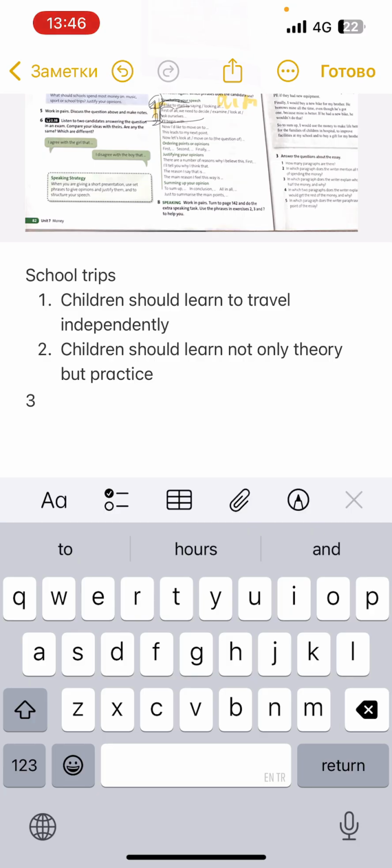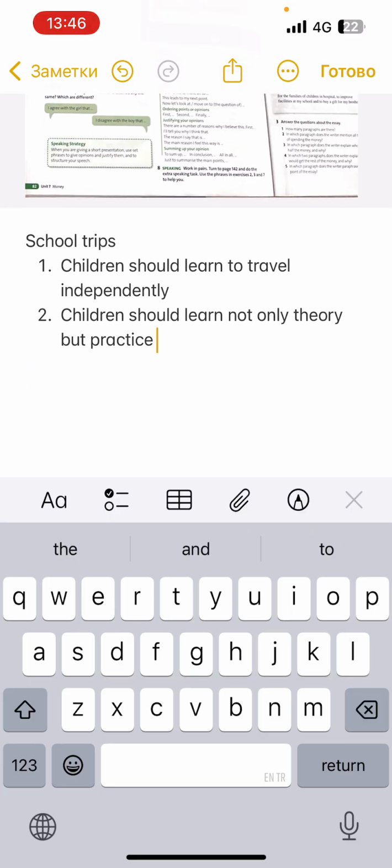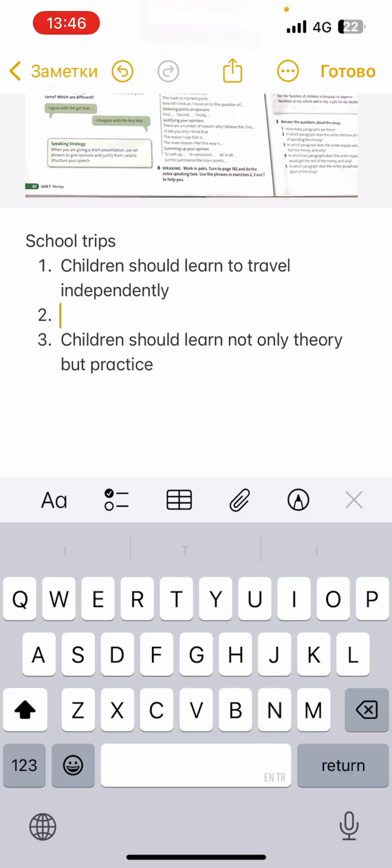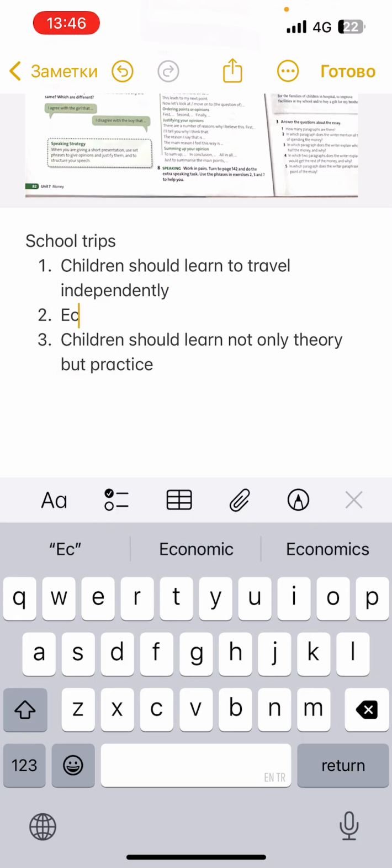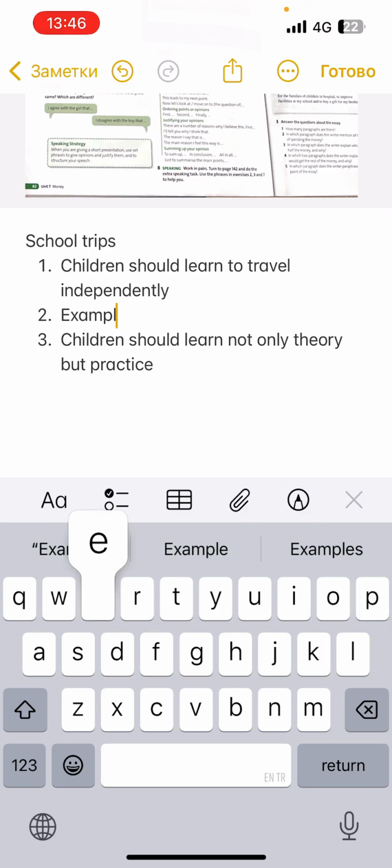Okay. Third, two reasons I think is enough, and you should give me examples and explain so I wouldn't ask you any questions about it. You should say children should learn to travel independently, and why?